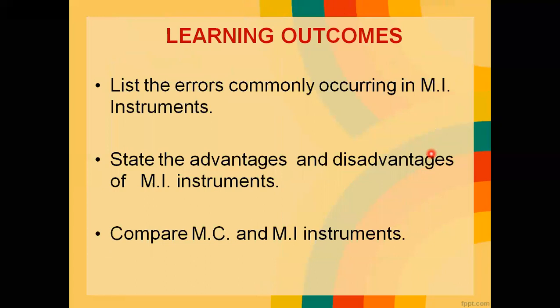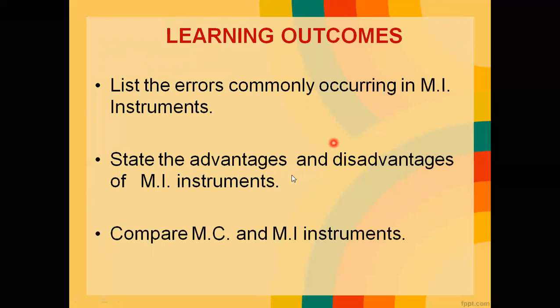So for the expected learning outcomes of the presentation, we will have a quick recap of what we have learned here. After completion of the presentation, the student should be able to list the errors commonly occurring in MI instruments.